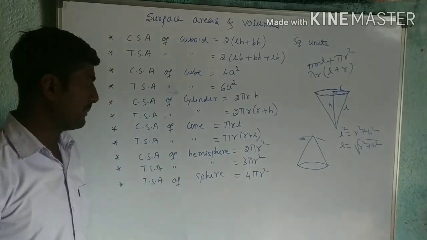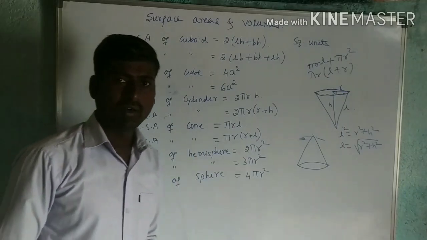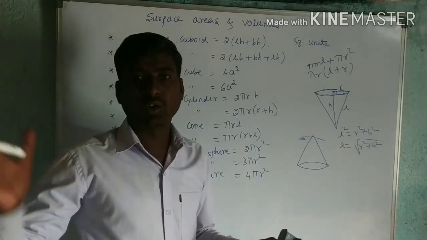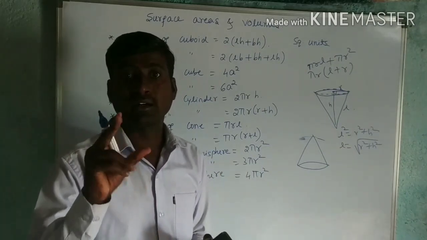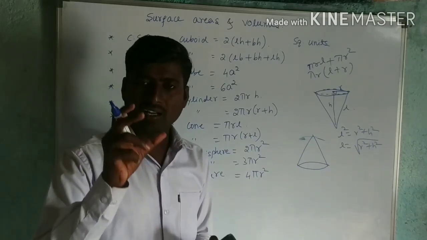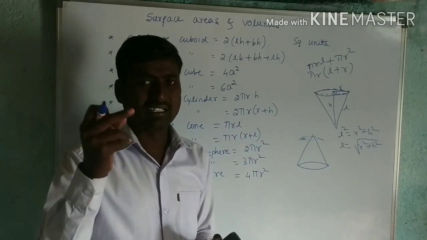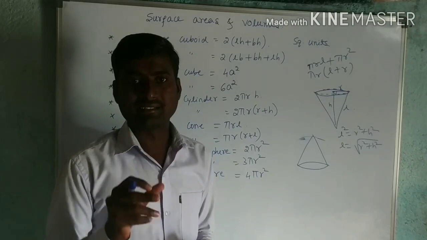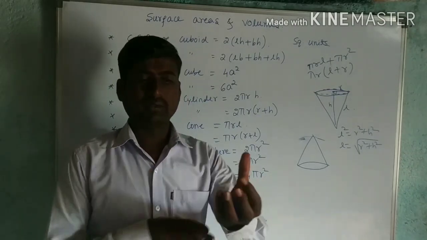Now I'll go for the hemisphere. How will the hemisphere be? You already saw the ball. You cut the ball into two equal parts and you'll get two hemispheres. If inside the ball there is only air, it is empty, and you cut that ball, it will be in this way.